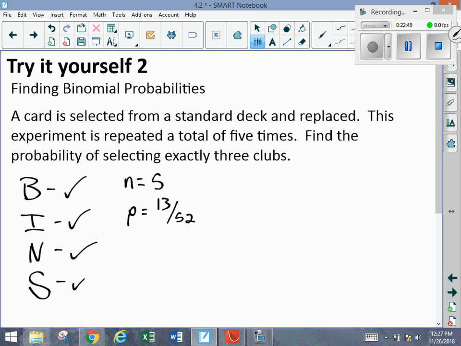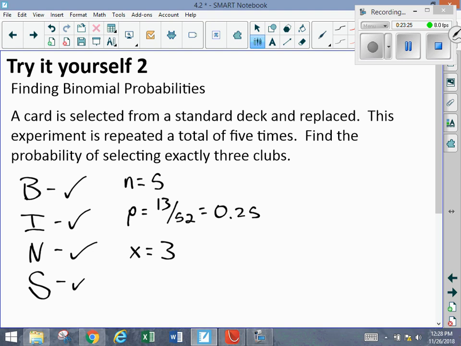And there are 4 sets of 13 in 52, right? Which means that that's 1/4 of it. You could put the fraction in your calculator. You could put 13 over 52 in your calculator and it'll be fine. It'll still calculate it. I will do it that way just to show you that it works. And x, how many successes are we looking for? Yeah, we're looking for 3.